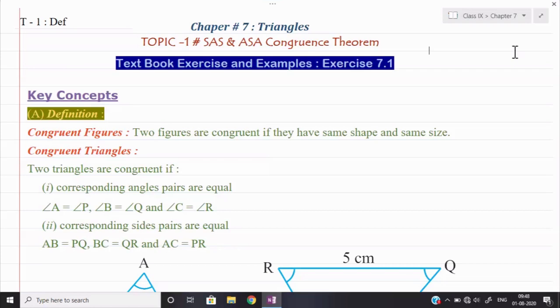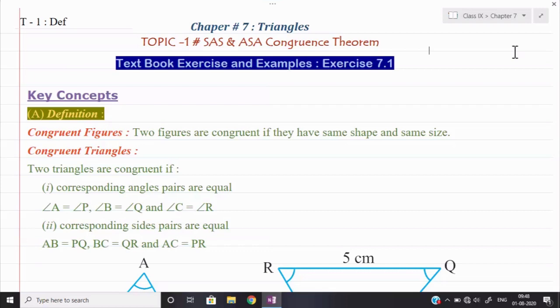So here we shall talk about the congruency of two triangles. How can we say that two triangles are congruent? Before that, see what definition is given to us about congruent figures. In general, it is not applicable only on triangles, it is applicable on any kind of figure.